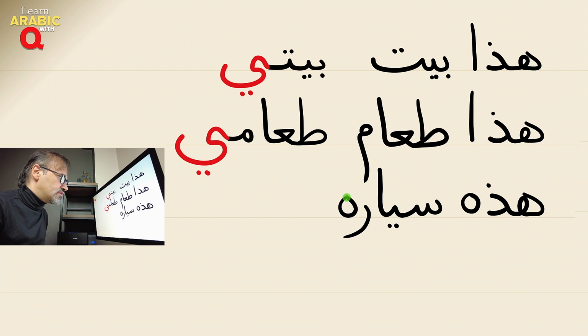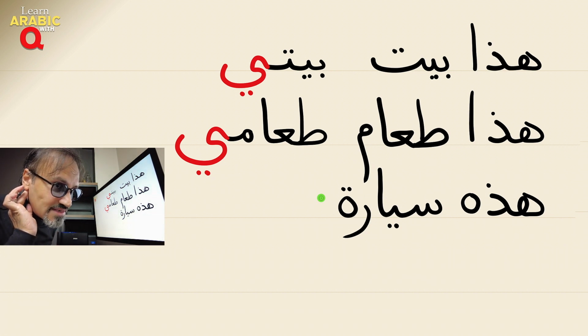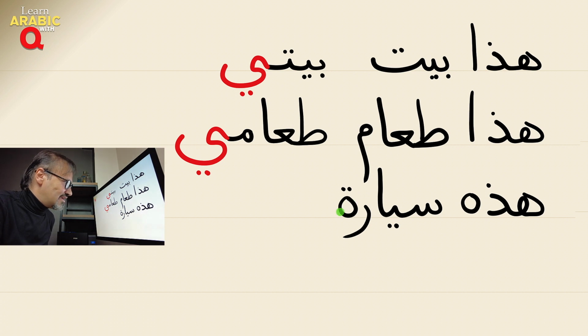And we have the circular te at the end. Now, when I add a ye to this, it becomes هذه سيارتي. Now suddenly this te that we weren't pronouncing now comes to life because you can't ignore it anymore. هذه سيارتي, because a ye came after it.